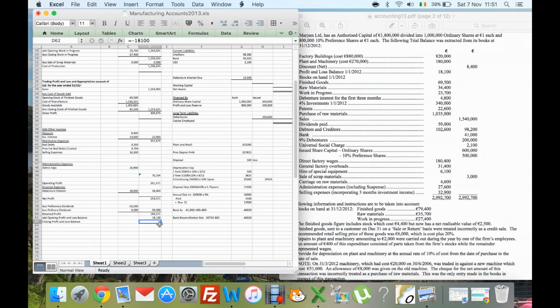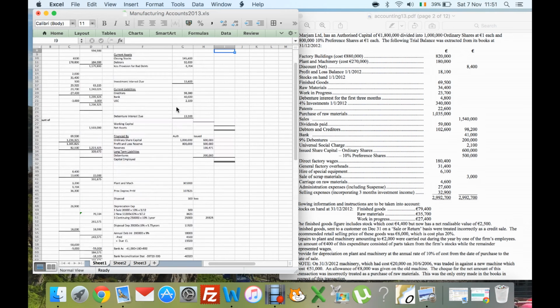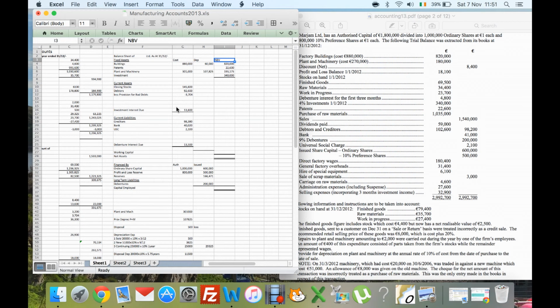My opening balance is a minus, so we'll end up with a closing figure of 166. So that 166 is in finance by, so that's reserves. Again, you only do this if you have the time in the exam, and don't get bogged down if it turns out the numbers don't add up.